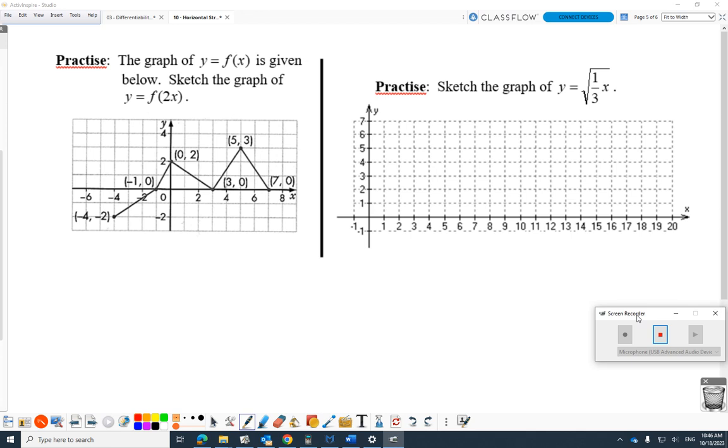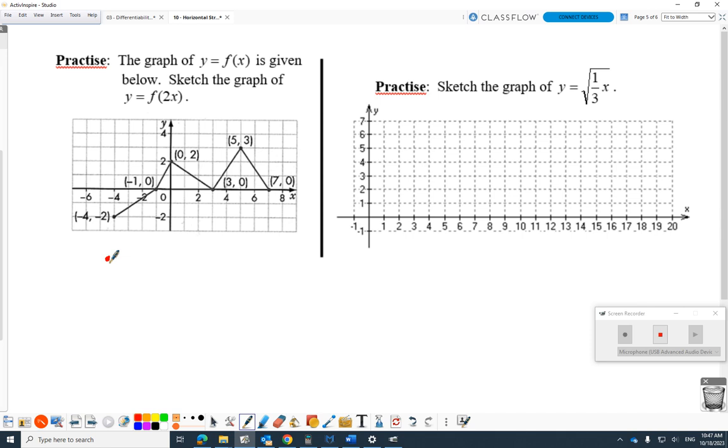The first thing to do, always, put one of these little dots and go, OK, what transformation are we talking about? If it's f at 2x, what do I have to do? Multiplying by 2 inside. Is it vertical or is it horizontal? Horizontal.